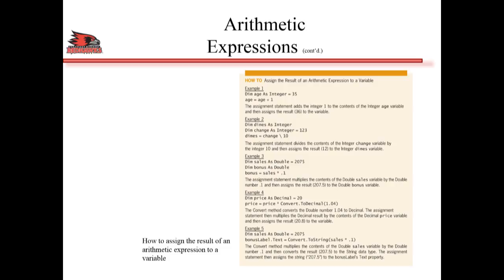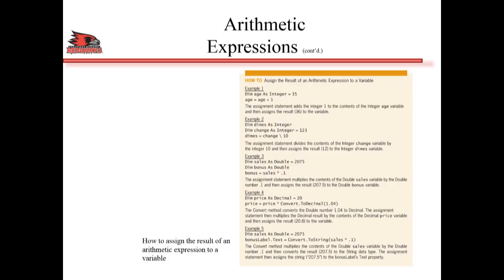So that 1.04 would be by default assigned double type, and you want it to be converted to decimal type so that you can multiply it with the price. And that's the code for doing it. Price equals price times convert to decimal 1.04, and that's how you do your multiplication or any sort of arithmetic operation.